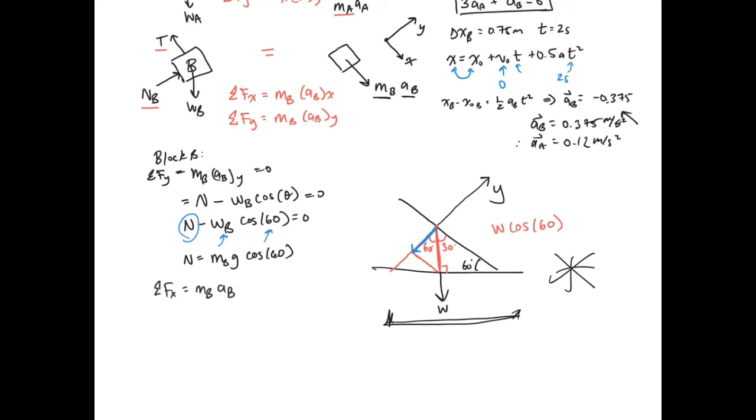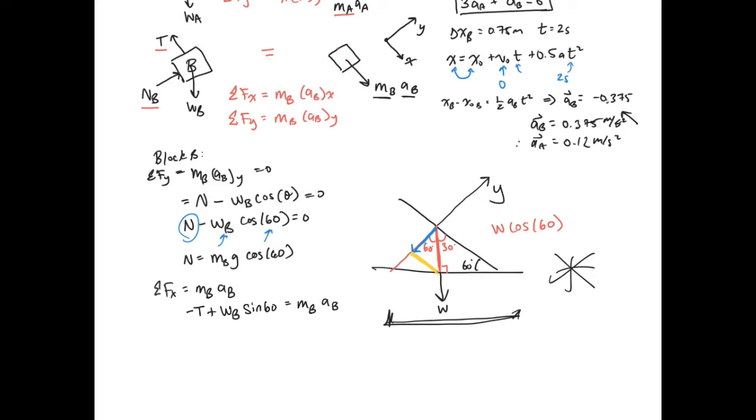The forces that we have, you can see, are the tension of the cable pulling it up the slope, and then again a component of the weight. So we will have negative T plus the weight of B sine of 60, because now we're looking at this component of our triangle, so that's sine 60. And this is equal to the mass of B times the acceleration of B.